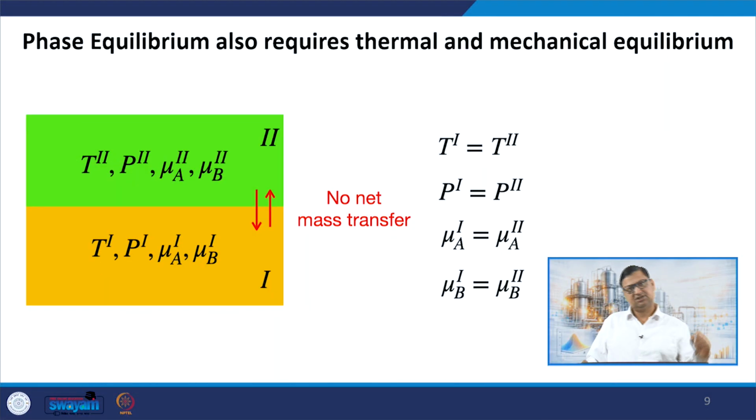Now, there is one other thing that we have assumed here, that the temperature and pressure are constant. Let us say if I begin with some temperature difference in the two phases, because of the temperature difference, there is also going to be some flow between 1 and 2, the kind of flow that you see when you boil water on a stove, right.